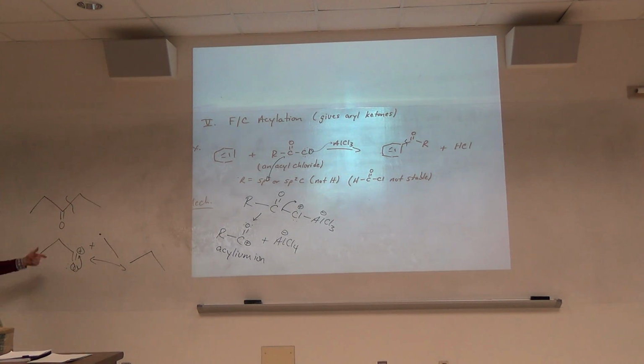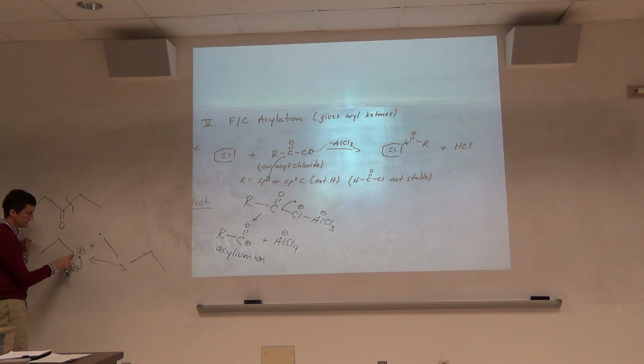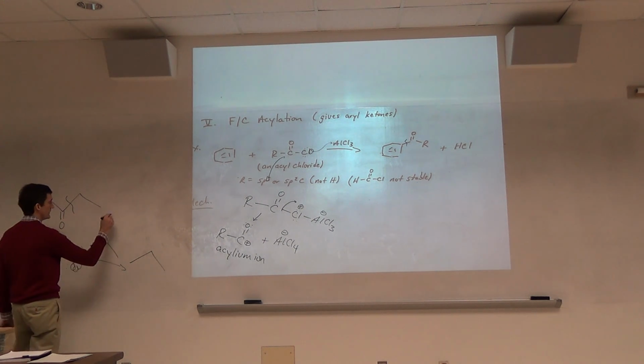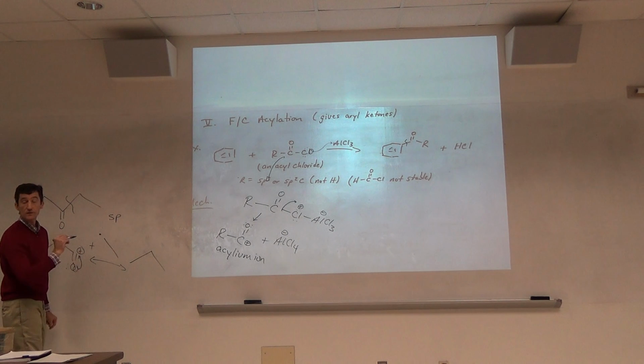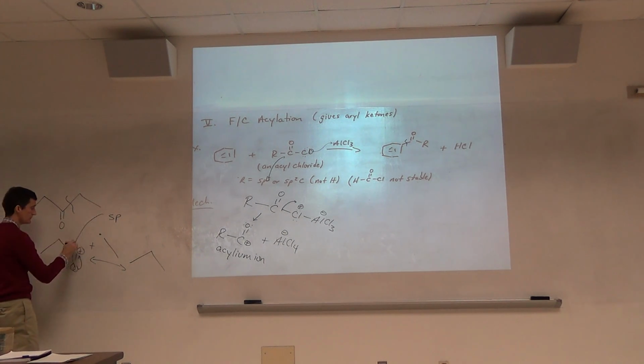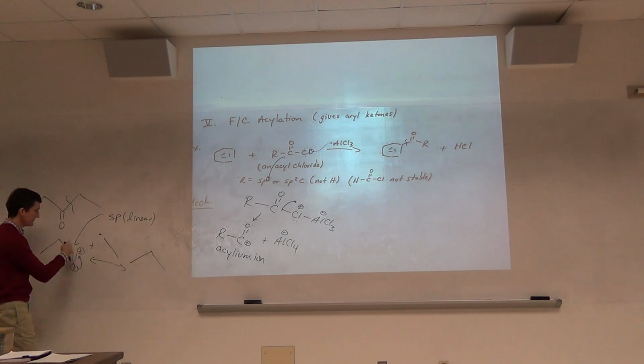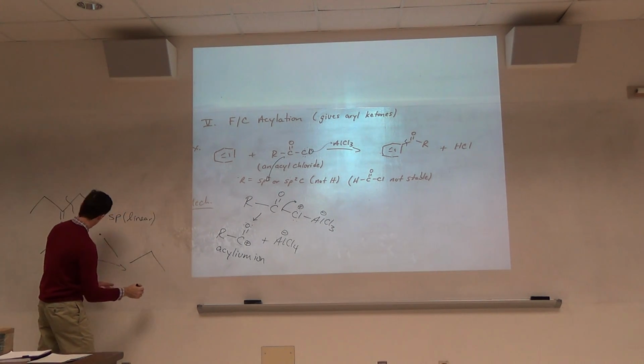Now, what's the hybridization of the carbocation here? I see a single bond and a double bond. I see 2 regions around it. What's the hybridization? 2 regions is sp, right? It's actually linear. I'm going to draw it linear here.